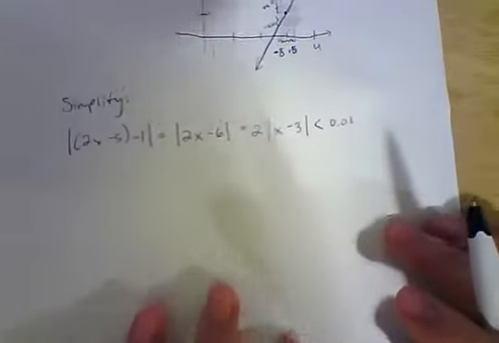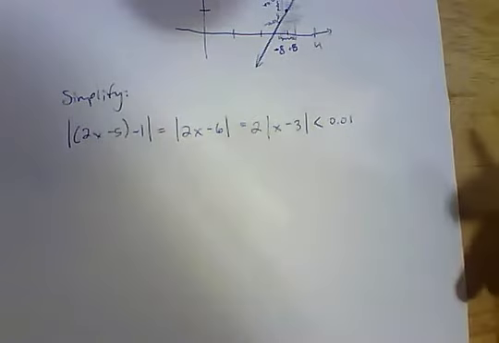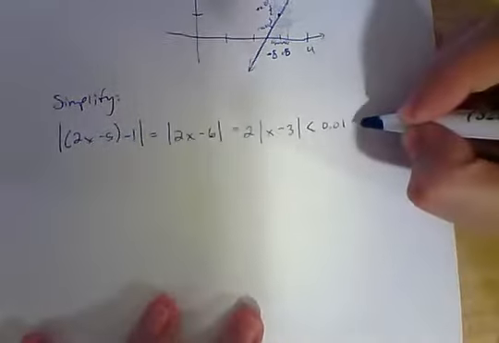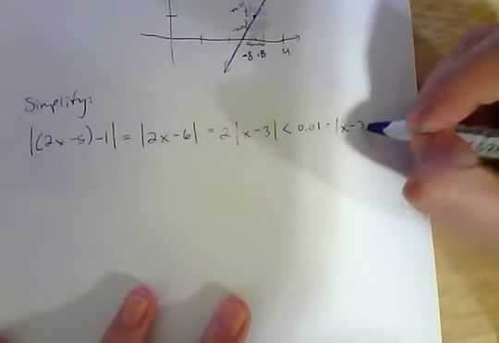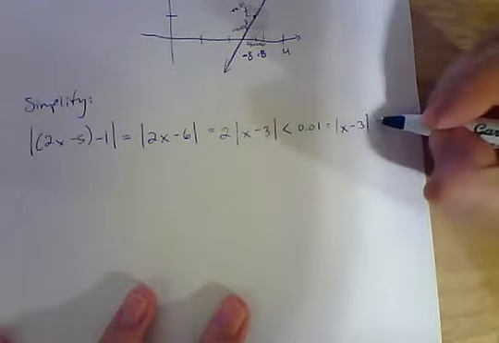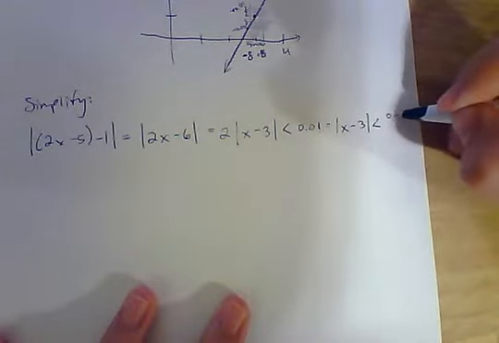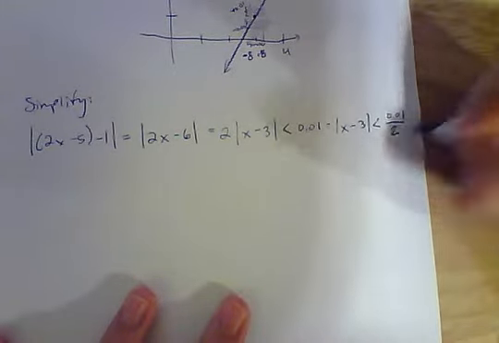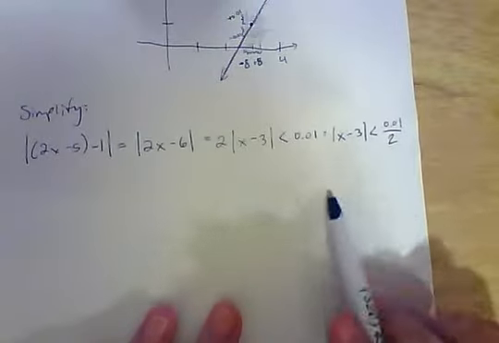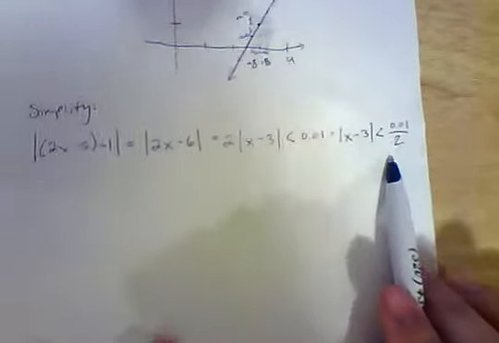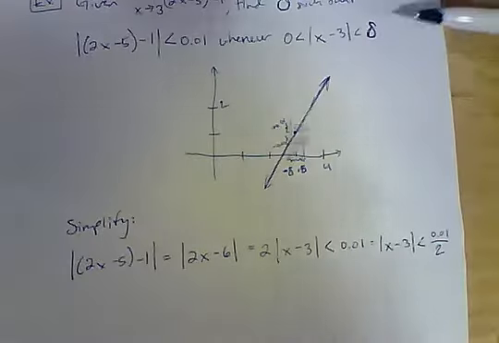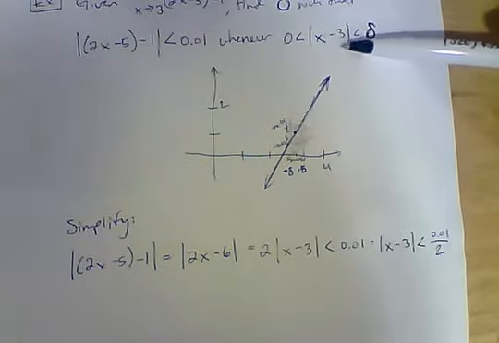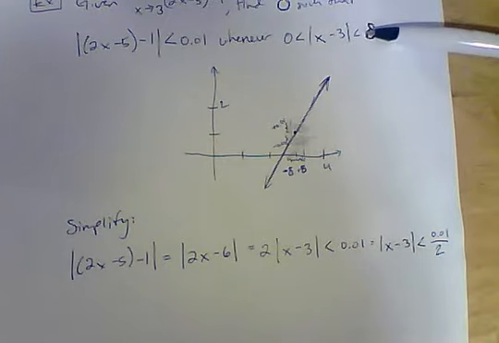Okay, and we can take this a step further, and we can say that absolute value of x minus 3 is less than 0.01 over 2. And here's why this is helpful to find. Look at what they defined delta as in the first place. Absolute value of x minus 3 is less than delta. Well, hang on.